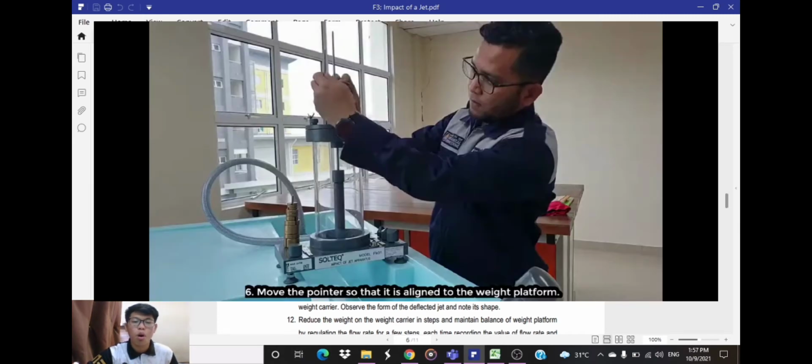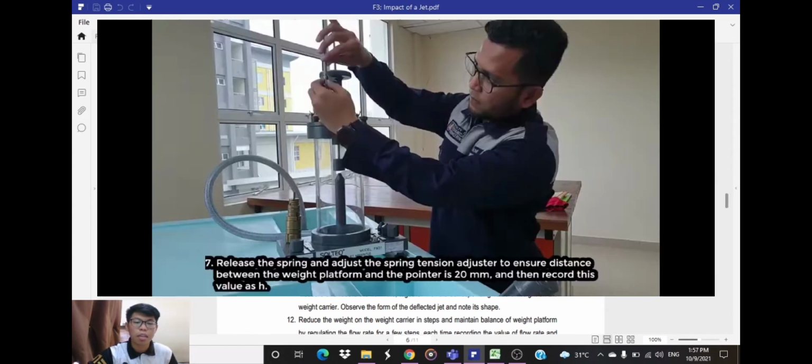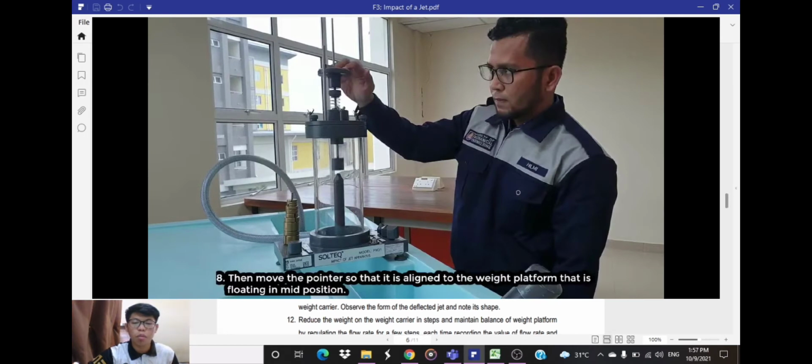Step 6, move the pointer so that it is aligned to the weight platform. Step 7, release the spring and adjust the spring tension adjuster to ensure the distance between the weight platform and the pointer is 20mm, and then record this value as h0. Step 8, then move the pointer so that it is aligned to the weight platform that is floating in mid position.